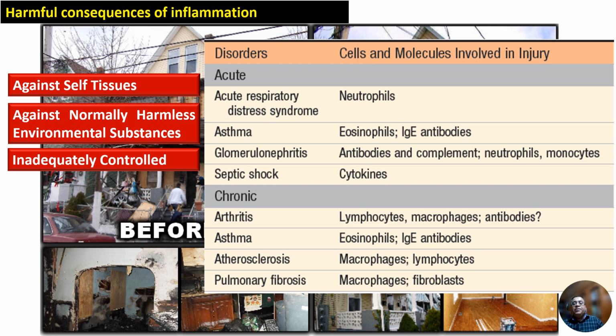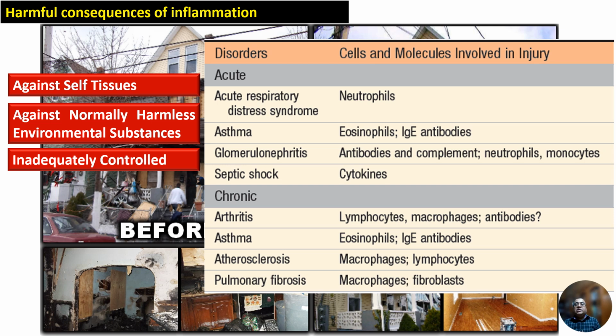Some examples are acute respiratory distress syndrome, in which neutrophils are involved; asthma, in which eosinophils are involved; and glomerulonephritis, that is inflammation of the kidney glomeruli, in which neutrophils, antibodies, complements, and monocytes are involved; and in septic shock, cytokines are involved.